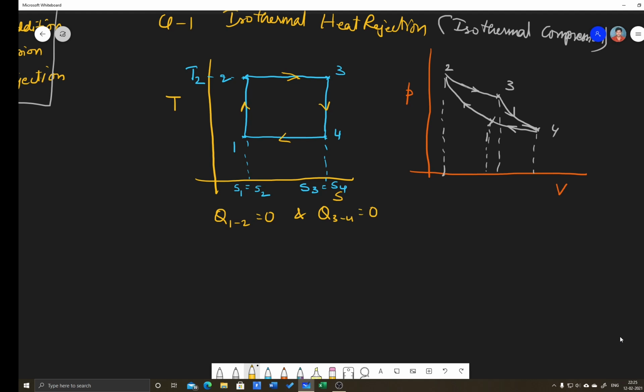During these processes, heat transfer is 0 because these two are adiabatic or reversible adiabatic or isentropic process. This can be assumed theoretically like this. So, say suppose initially the piston is at this position.